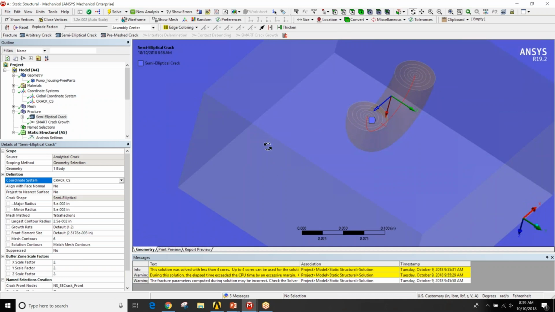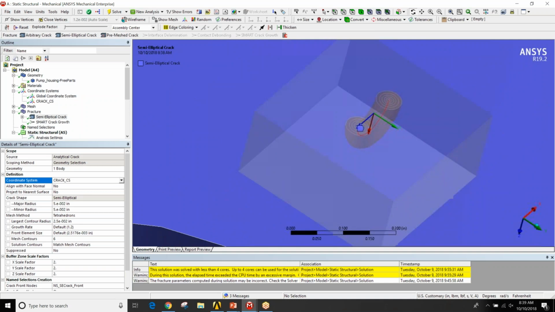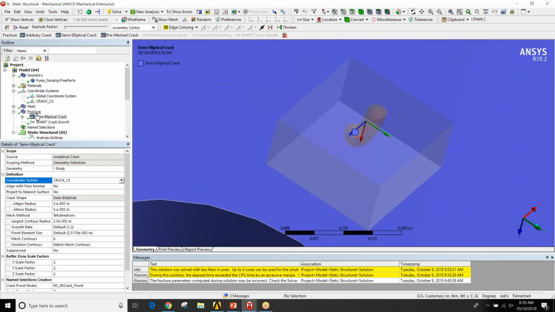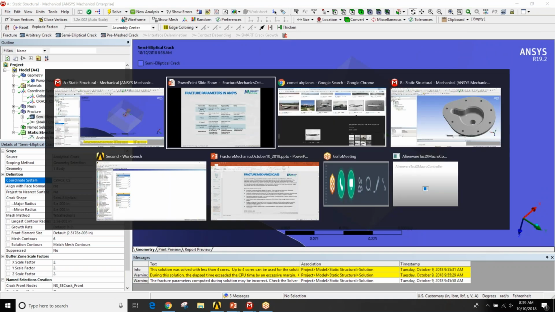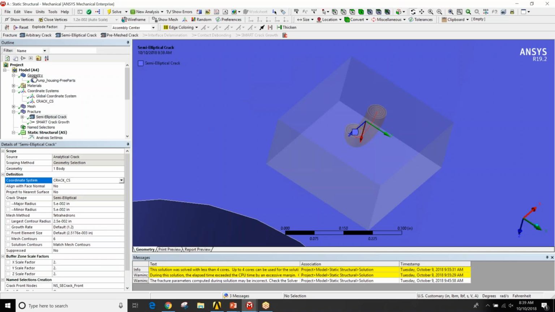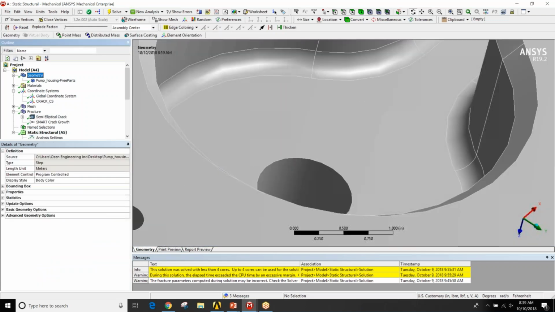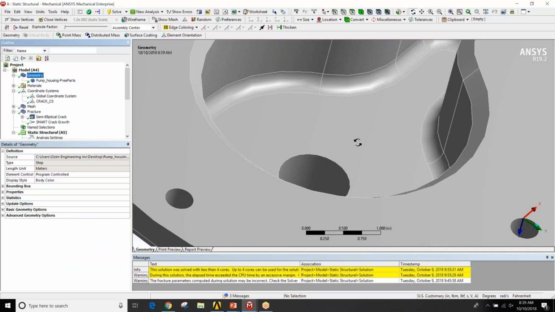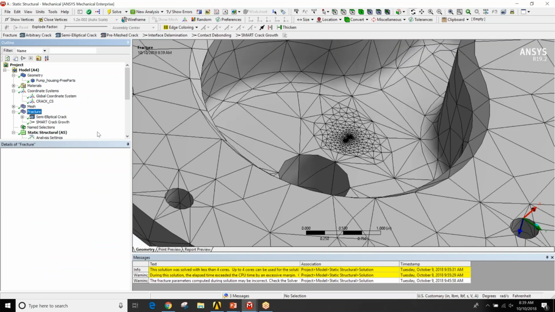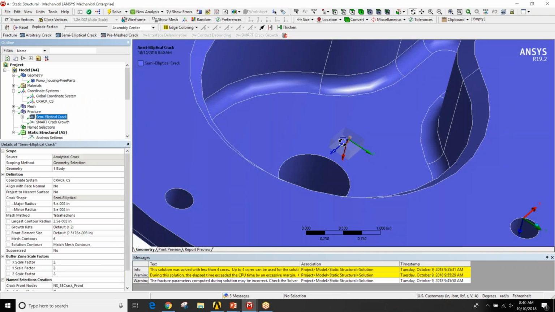As you see from this model, the solid model does not have to have a crack. You actually start out with a solid model that does not have a crack. My solid model does not have a crack. That's really great news. That means I can specify a crack in my mesh. I can embed it in my mesh.